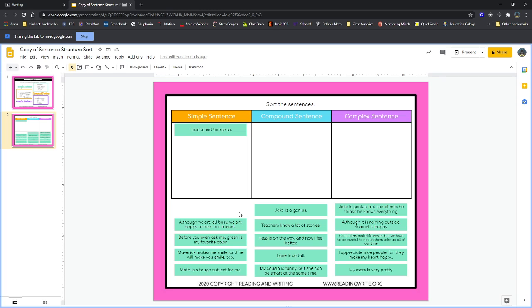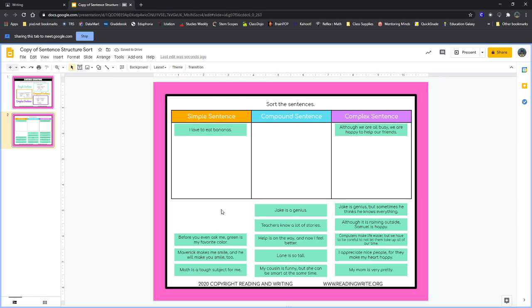Very good, a complex sentence, because now they're giving us some more information. They're letting us know, hey, I love helping my friends. And they're telling us, even though all of us are busy, we still help each other. Still good friends. So that would be a complex sentence.